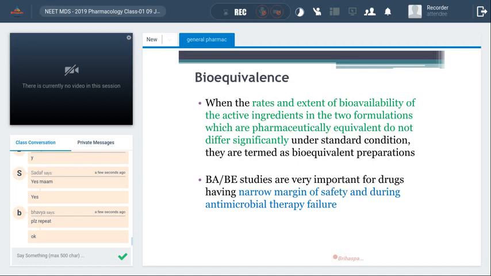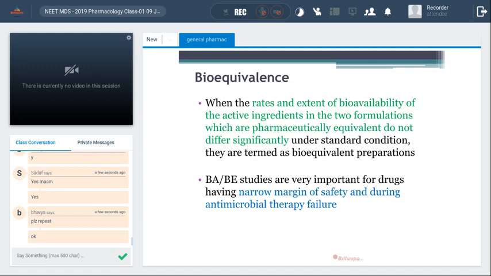So after seeing bioavailability, there's a concept called bioequivalence. Now I told you oral drug can have 60%, IM drug can have 80%, whatever is the figure. Now I have many brands in the society. Like for paracetamol, I have Crocin, Calpol, Dolo 650, etc. Now all these brands have paracetamol, they are all paracetamol, isn't it?